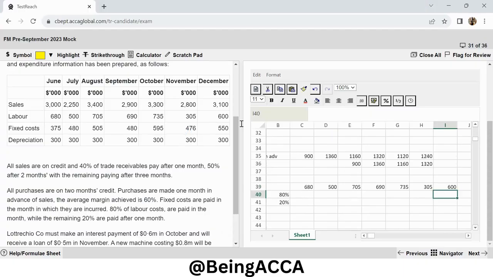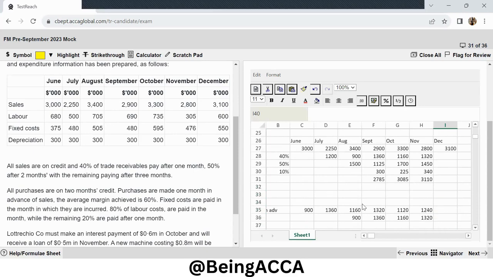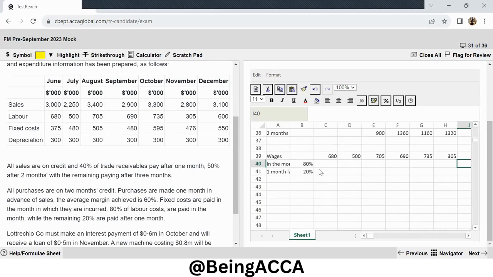So these are the values that are given to me for all of these months, and it is mentioned that 80% we are paying in the same month. So the same month payments will be nothing but 80% of this value. So this comes out to be 544, and then in the next month we are going to be paying 680 into 20%. So this is the payment that we are going to be making 1 month later.